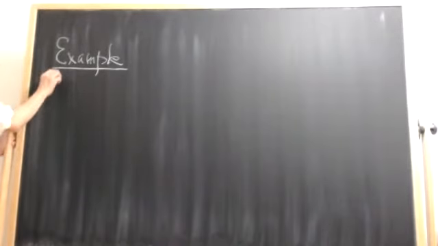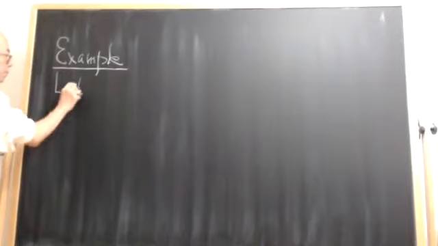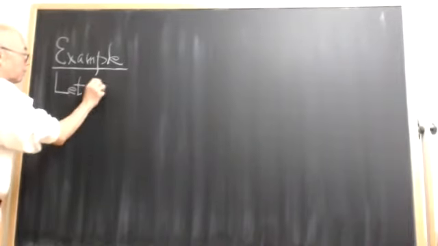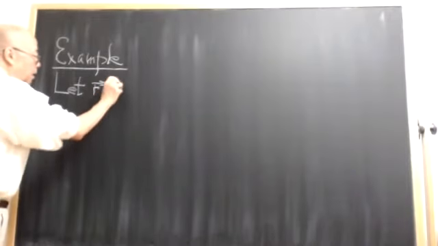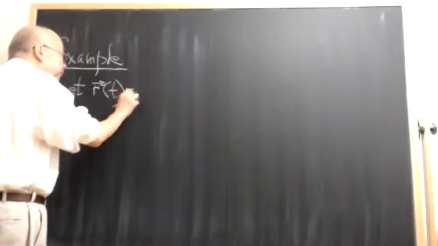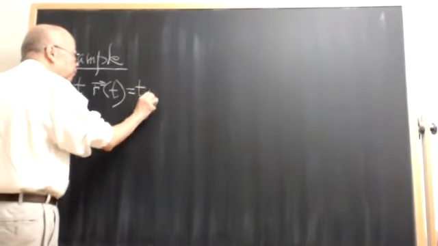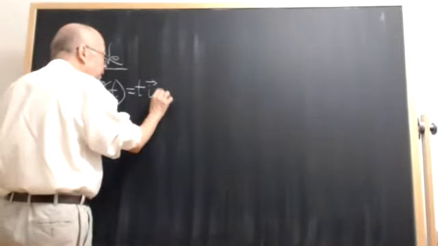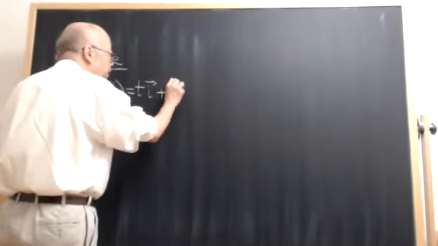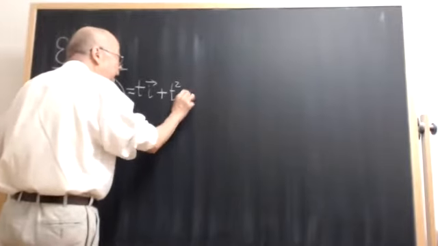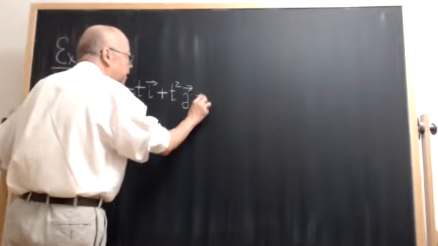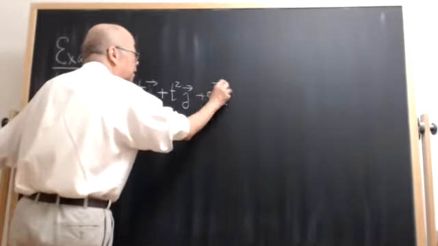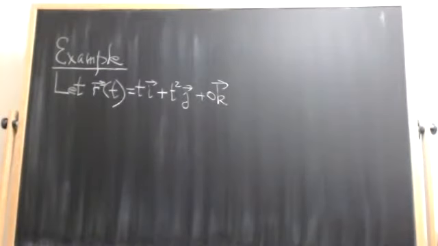So let's suppose that we have a vector valued function r of t given by the following: t times i plus t squared times j plus 0k.